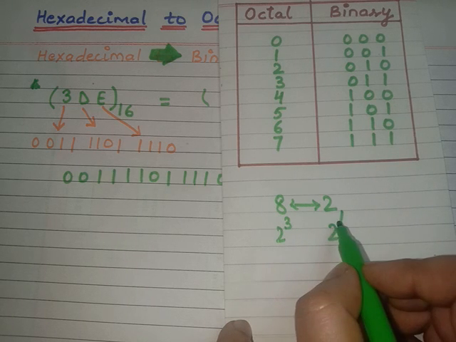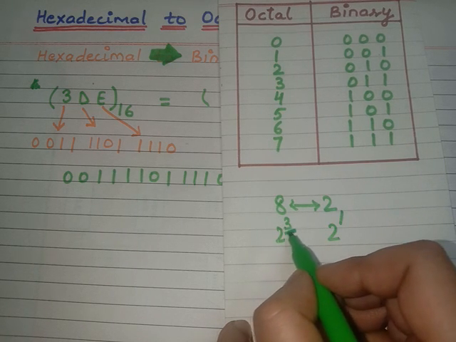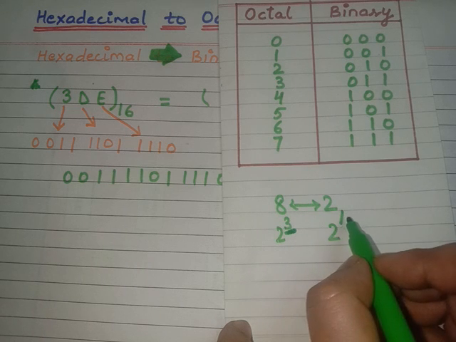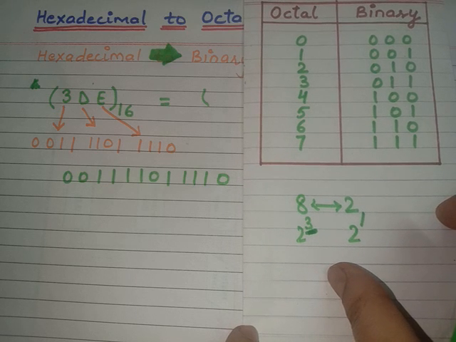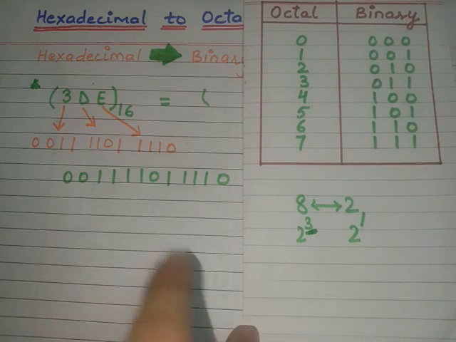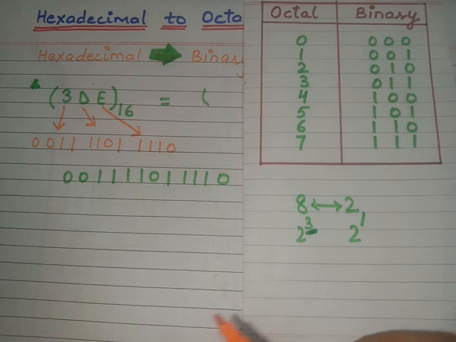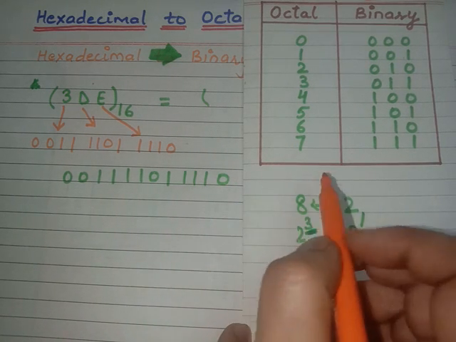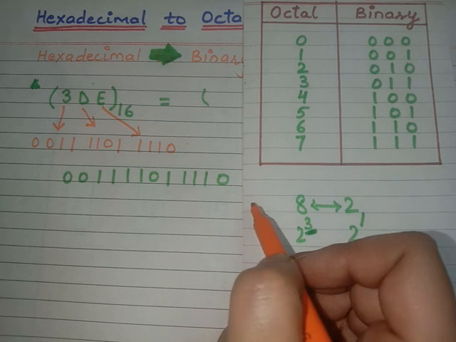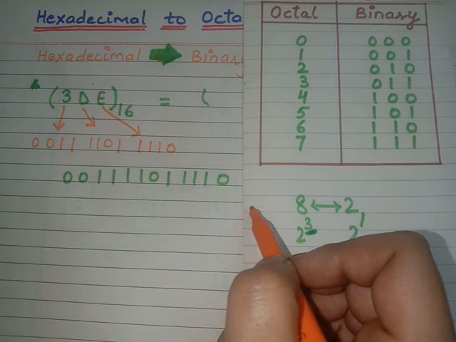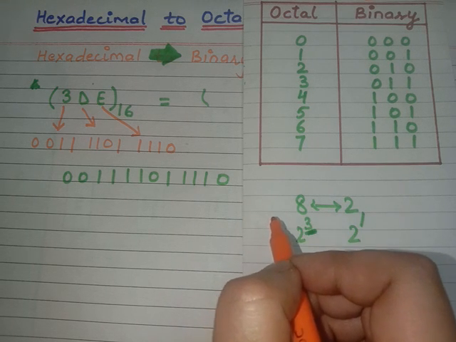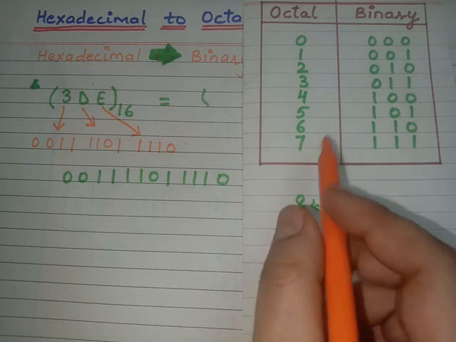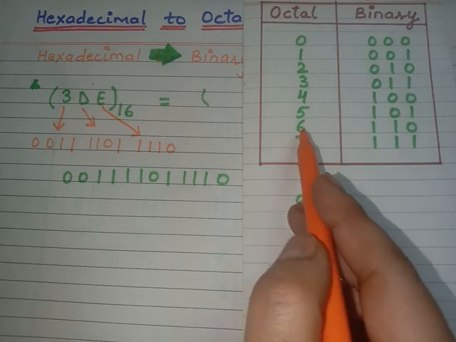So you can see that 3 bits of binary are required to represent an octal digit. So now we have to make groups of these bits, 3 bits each. I have also explained this conversion in a video, so I will give the link in the description box. You can check the video to get a detailed idea of how to convert numbers from octal to binary and from binary to octal.